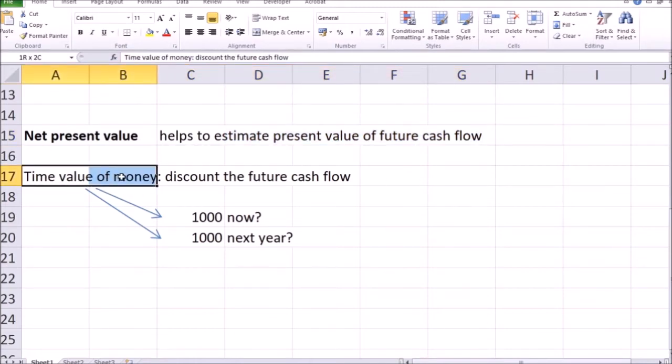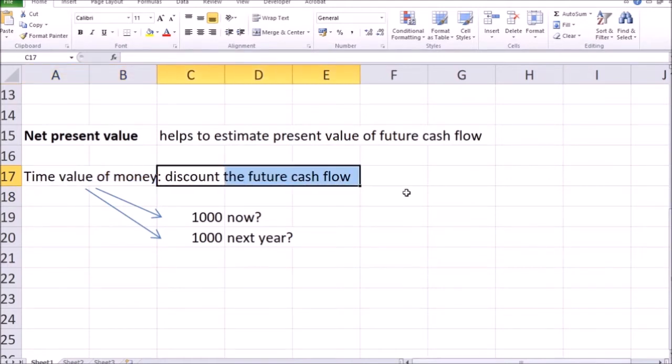And we do that by using some sort of a discount rate. We discount the future cash flows when we try to convert them into present value, into today's value, because the value of money now is a little bit heavier than it is in the future. Hence, we discount future cash flows to some extent.